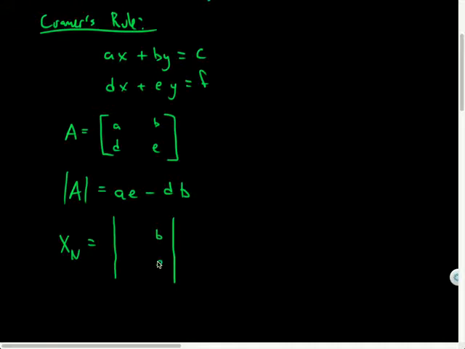The B and E are going to be the same, except I'm going to take my constants and replace my X column with them. This is the X's column, because those were the X's coefficients that I just switched out. So for the X numerator, you replace the X's column with your constants. That would end up equaling, in this case, CE minus FB.